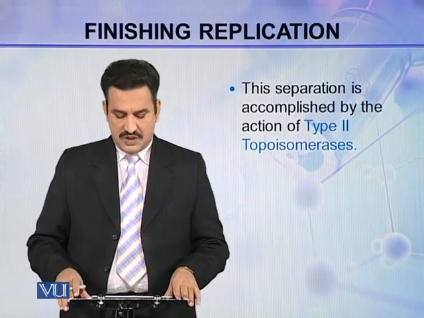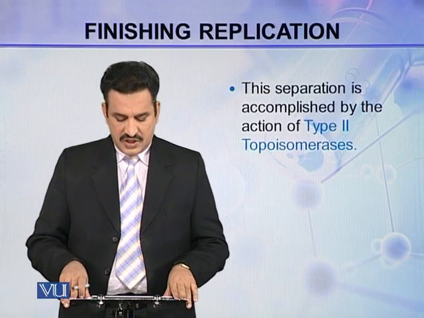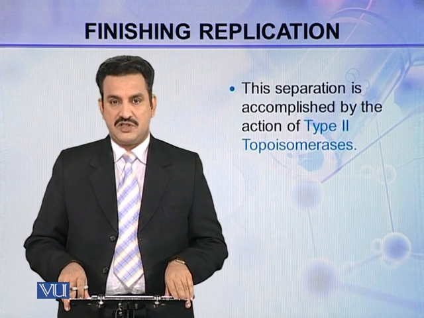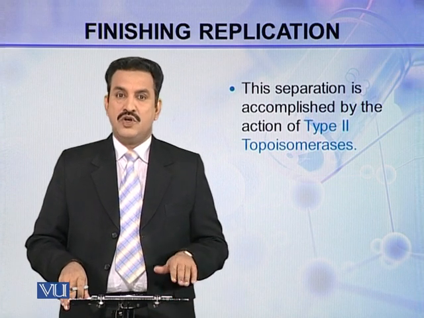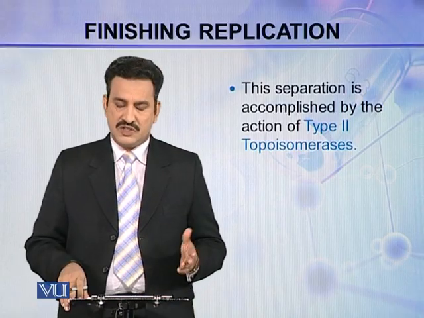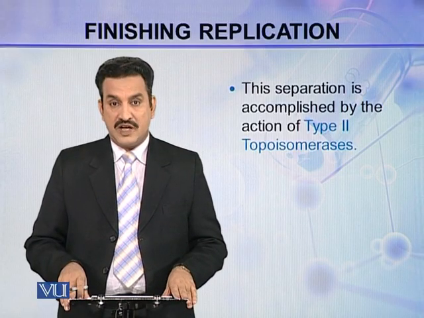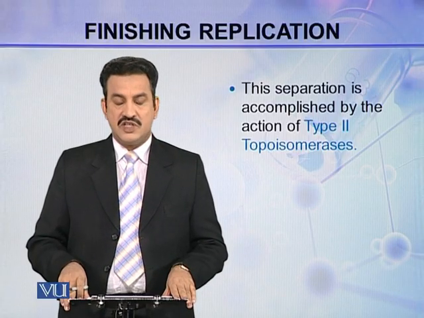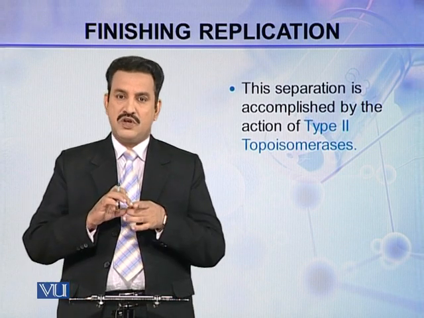This decatenation is accomplished by the action of type 2 topoisomerases. These are different from the topoisomerases which you have seen. So the action of type 2 topoisomerases results in the decatenation of circular chromosomes.